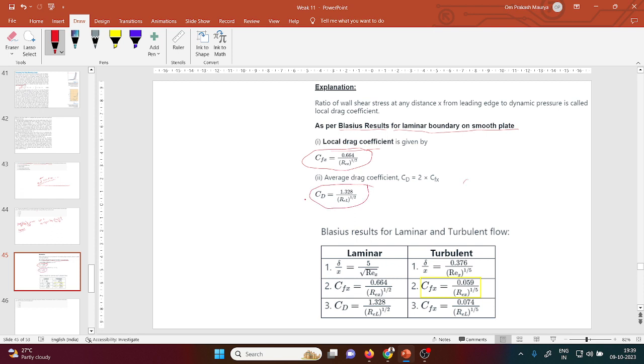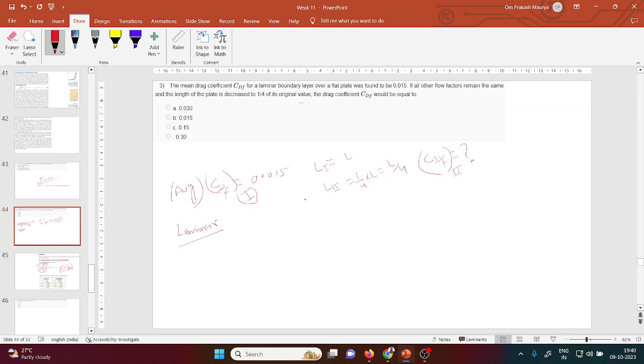Just remember here that CDF, or CD, is directly proportional to 1 by root R, where R is the Reynolds number. With this concept, we will solve the above problem.